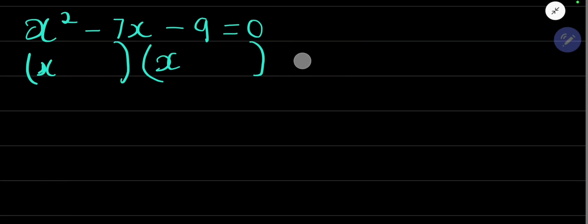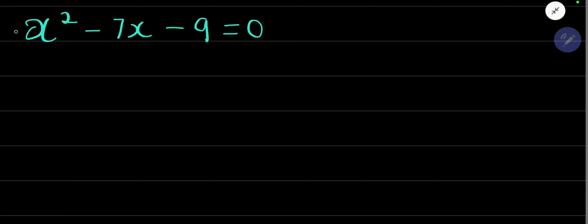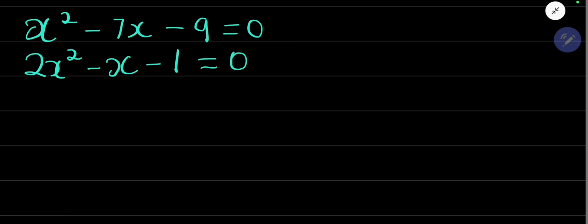That's what you were supposed to do in grade 10. But then you also had type 2, which is when you have a coefficient here. This x squared doesn't have any coefficient, but type 2 will look something like this: 2x squared minus x minus 1 equals 0.